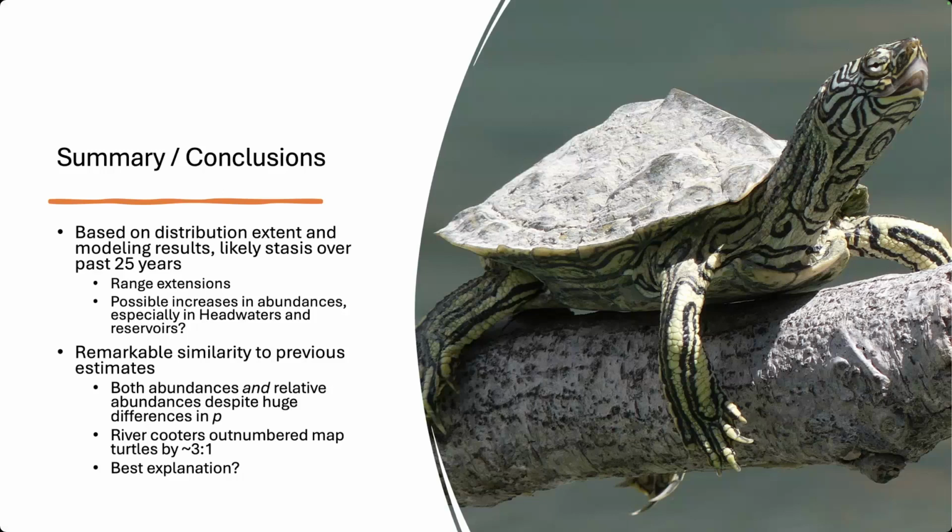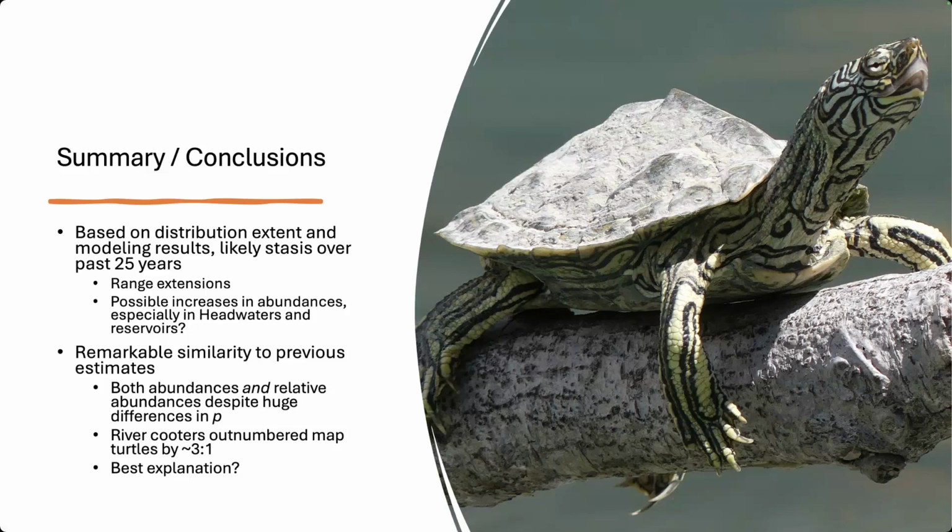Our detection probability ranged from about 15 to 30%, whereas Killebrew used a detection correction factor of only 3%. So despite these major differences, we seem to have come out with very similar numbers. In particular, both this current study as well as the Killebrew study determined that river cooters probably outnumber map turtles in the system collectively by about 3 to 1.